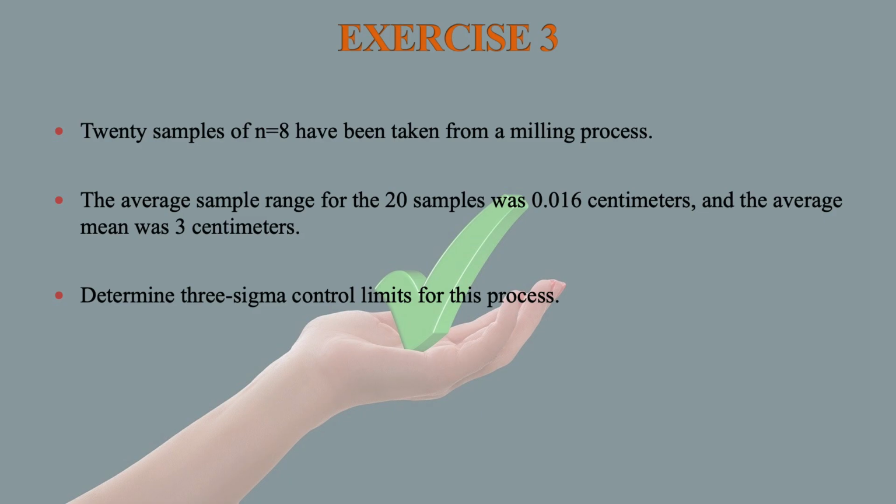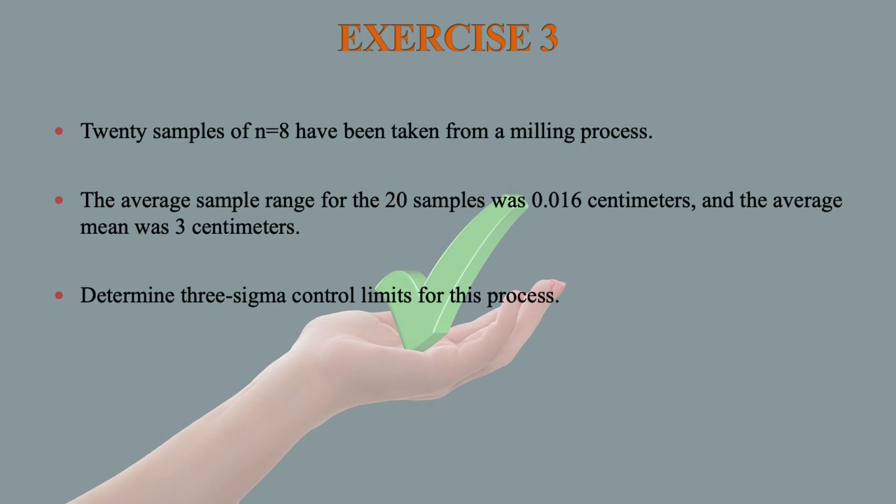The third problem: 20 samples of n equal to 8 have been taken from a milling process. The average sample range for the 20 samples was 0.016 centimeters and the average mean was 3 centimeters.